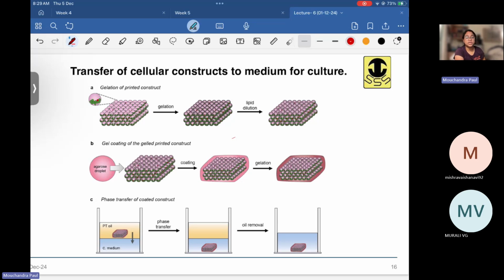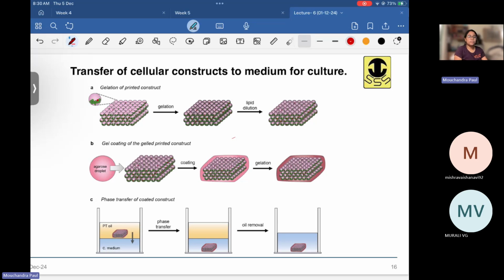Now they will transfer it to cell culture media. They don't just take it and drop it in cell culture media, because it's a very small construct, and the splashing can cause the construct to break. That is why they use a two-phase column.